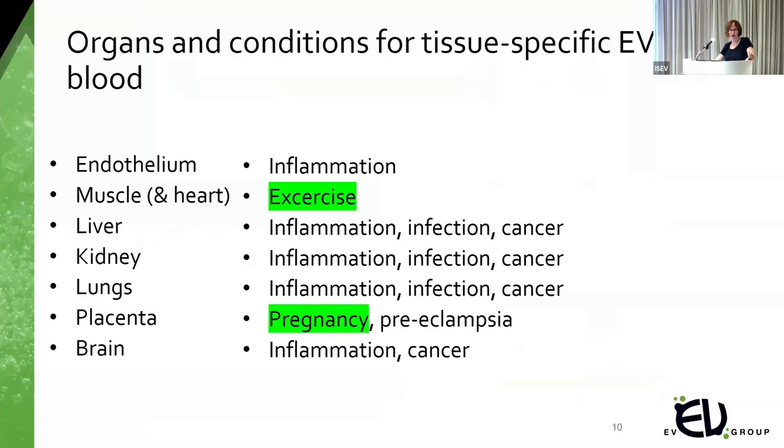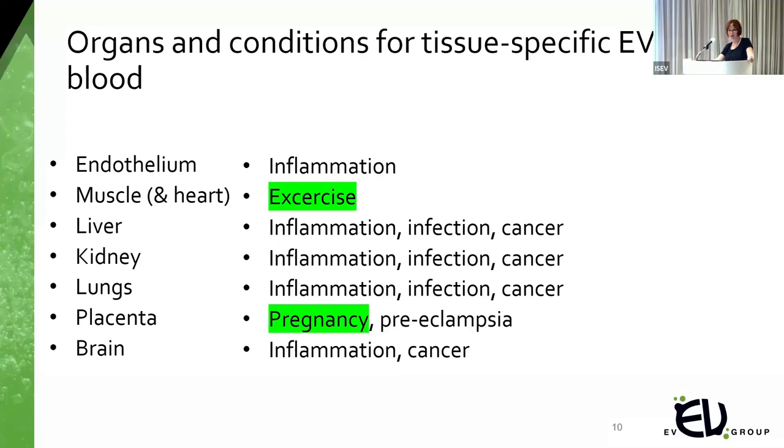So, in case of pathologies, we can have more EVs entering the blood from certain tissues, but also in a healthy physiological situation, there are conditions where we can have more contribution from tissue EVs in circulation.